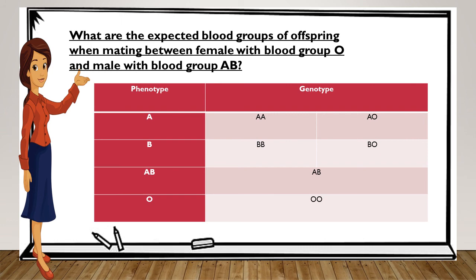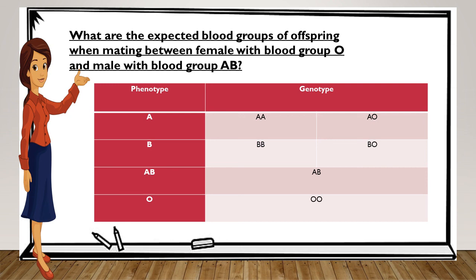About the blood group B, the genotype of the blood group B is BB or BO, as also B dominates over O. The phenotype AB has a genotype AB. That's because gene A and gene B are strong. When they meet together, they form a new trait which is called AB.